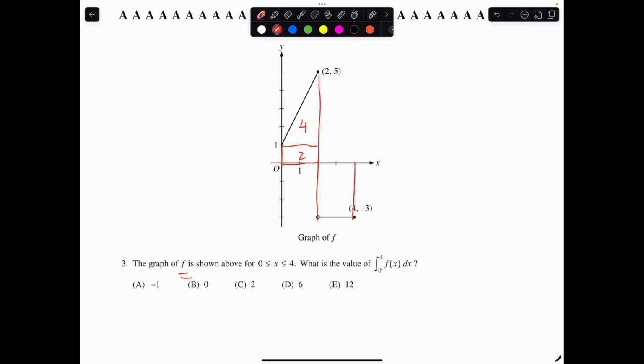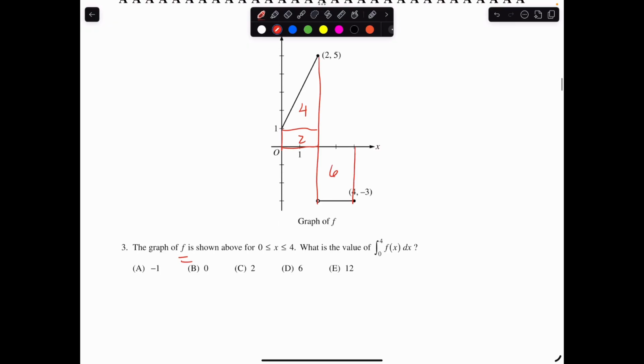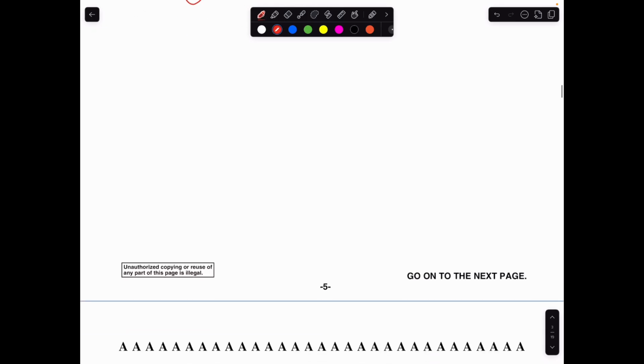And then the other has base 2 and height 6, so my positive area is 6, and my negative area is also 6. So the answer is B. You break the integral up into 2, find an integral from 0 to 2, and then an integral from 2 to 4, and then you add it up.